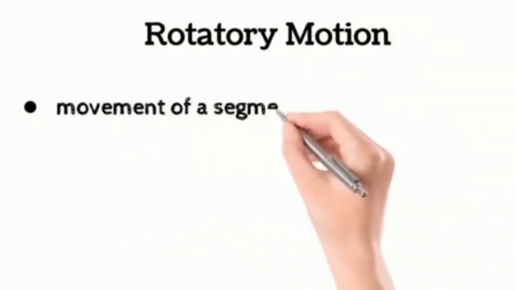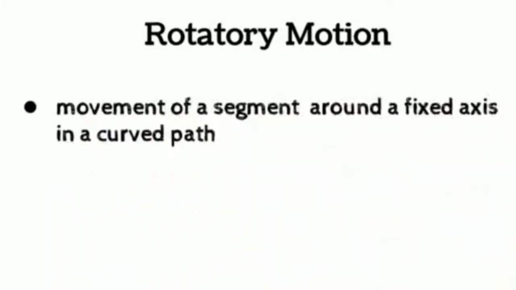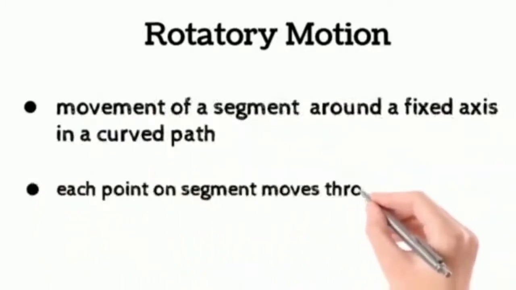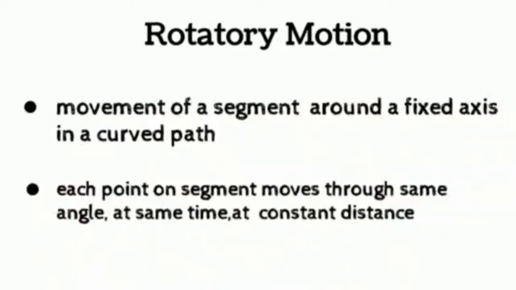Rotatory motion. Rotatory motion is also known as angular displacement. Rotatory motion is the movement of a segment around a fixed axis in a curved path. In true rotatory motion, each point on the segment moves through the same angle at the same time at a constant distance from the center of rotation. Example, leg foot segment.